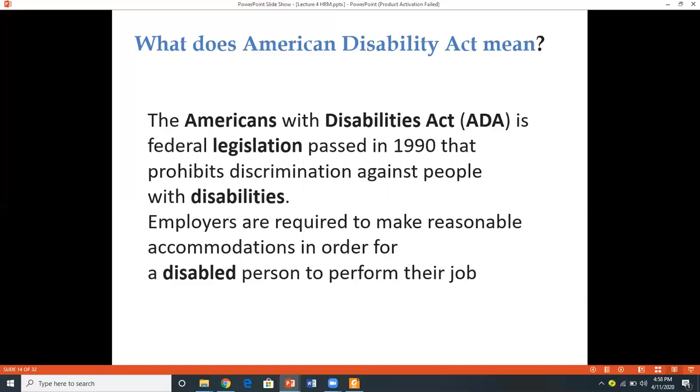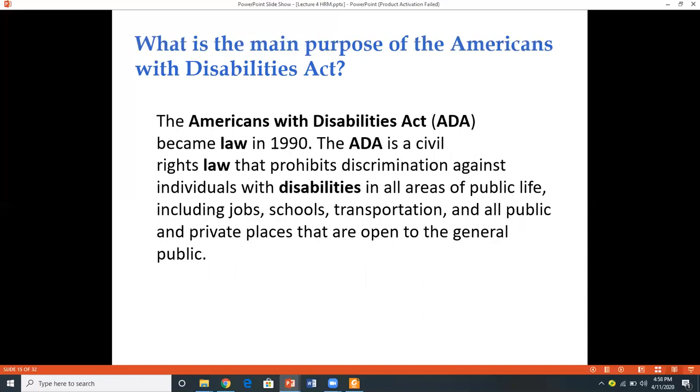Employers are required to make reasonable accommodation in order for a disabled person to perform their job. The employer should give them accommodation so that they can perform their job easily.